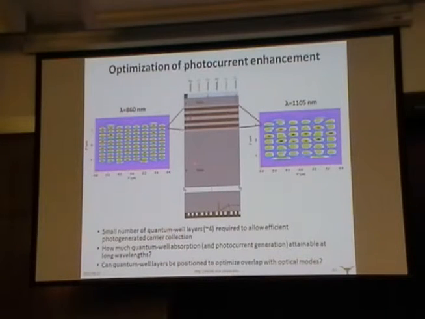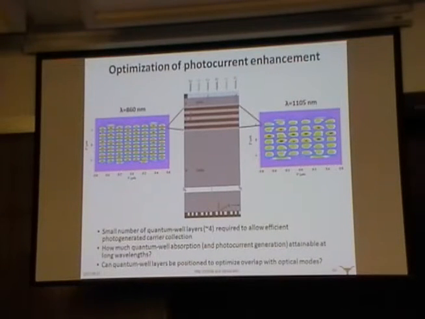If you have a small number of multiple quantum layers, then the single pass absorption efficiency is going to be quite low. How well can you do in increasing the absolute absorption efficiency in such a thin layer through these kinds of approaches? And how much absorption can you really get when you integrate over the full range of wavelengths that are absorbed only by the quantum wells?